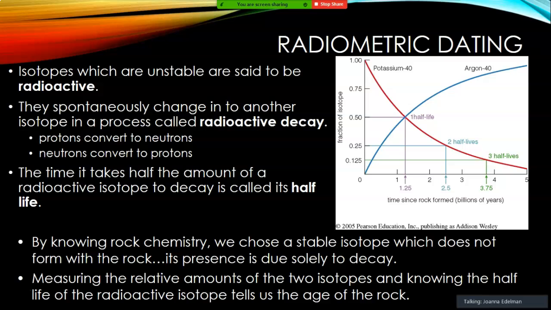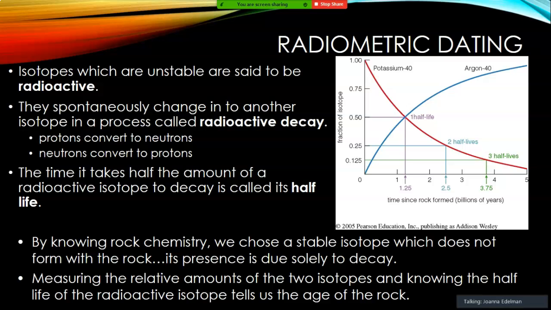Keep in mind that every radioactive element is going to have a different time frame at which it decays. When we look at this graph, we have potassium 40 represented, and the red line shows us the decay of that element. When potassium 40 decays, it doesn't just go away. It will decay into another element, and in the example of potassium, it will decay into argon 40.